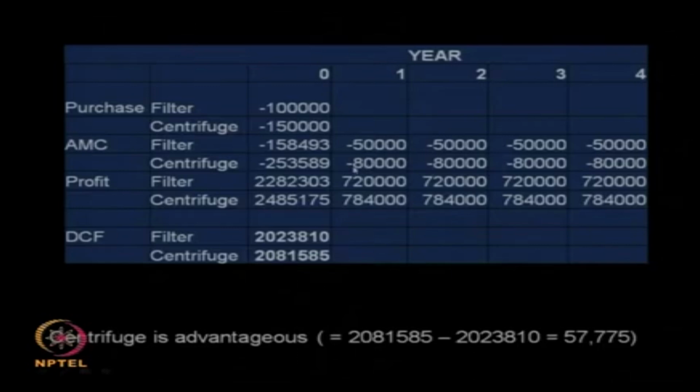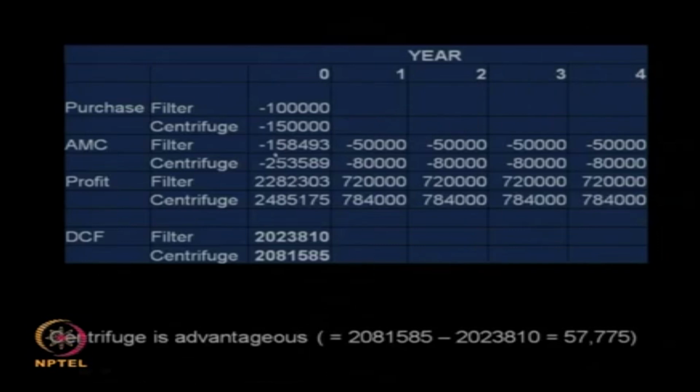So what happens if you look at the net present value for each of these? 50,000 divided by 1.1, where this 0.1 comes because of the time value of money, and the second year will be 50,000 divided by 1.1 raised to the power 2, the third year 50,000 divided by 1.1 raised to the power 3, and the fourth year 50,000 divided by 1.1 raised to the power 4.